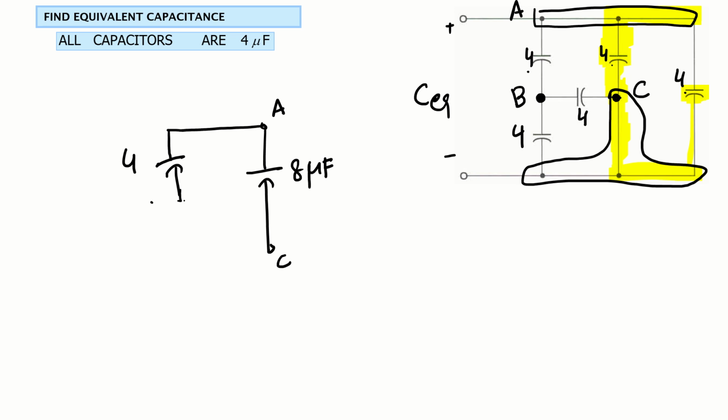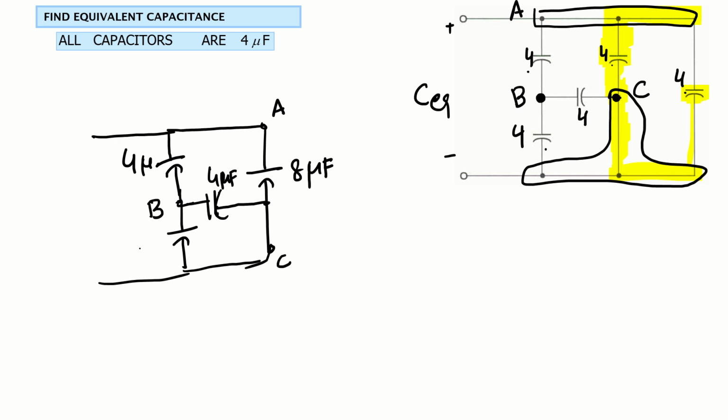Then I have node B here, and with node B we have a capacitor of 4 microfarad connected at node C, the same node. Then we have this last one, also connected between B and C, again 4 microfarad.